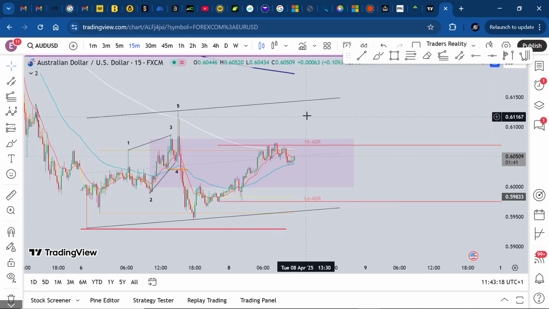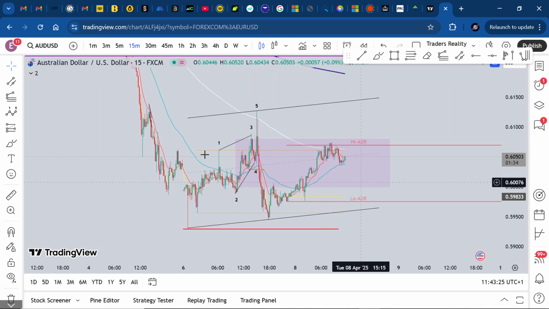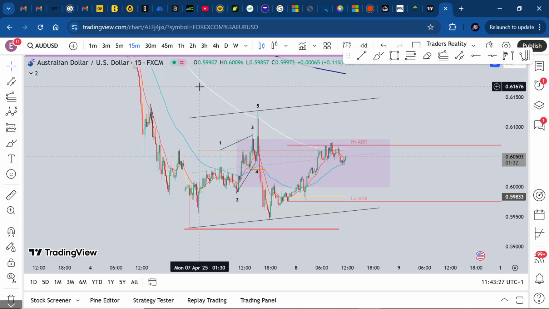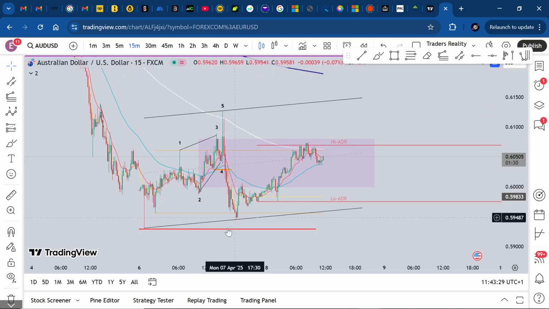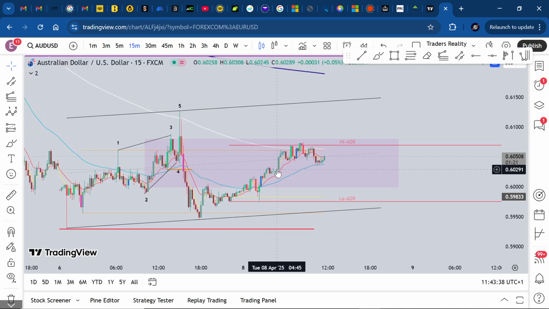The C wave might poke the high, but it's really going to try and manipulate the line and come back down. But like as I said, parallel corrective patterns tend to stay within parallel lines, as you saw with the double zigzag. It's the same for all corrective structures.